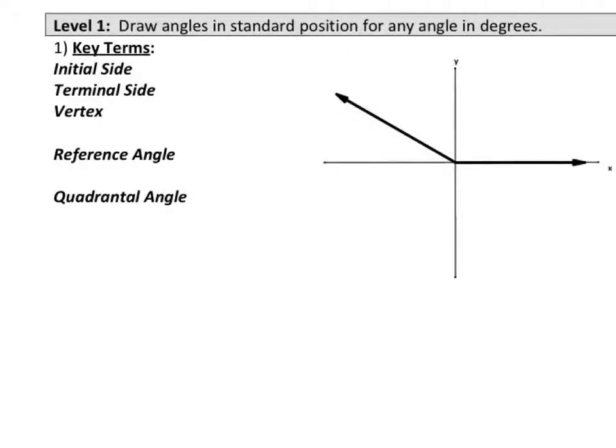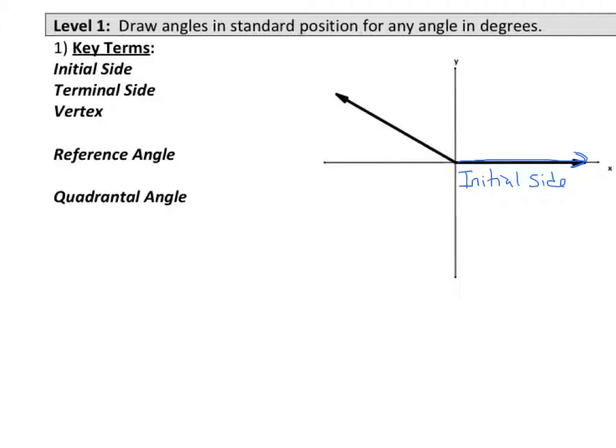In this skill, we will be doing an introduction to trig, and we will be studying angles in the coordinate plane, which we call in the standard position. An angle in the standard position has its initial side on the positive x-axis. So this would be the initial side of the angle right here.